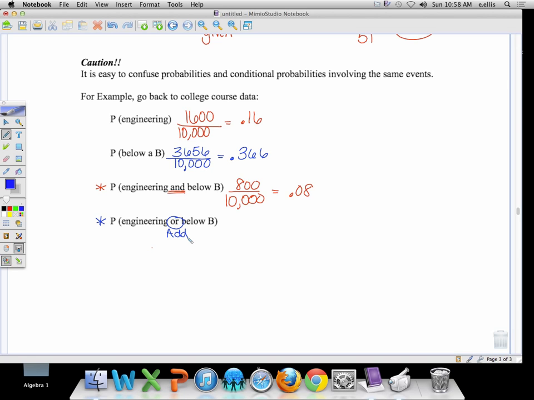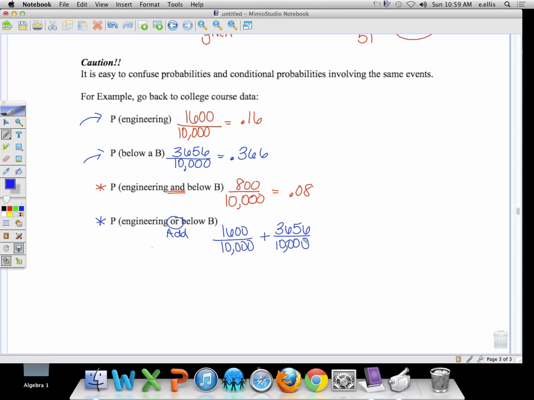And then the last one here, engineering or below a B, and remember or is our magic word for the addition rule. Now this one is different still. You would have to take your engineering total, which we found up above as being 1,600 over 10,000, and, or add here, the below the B we already found also up here to be 3,656 out of 10,000.